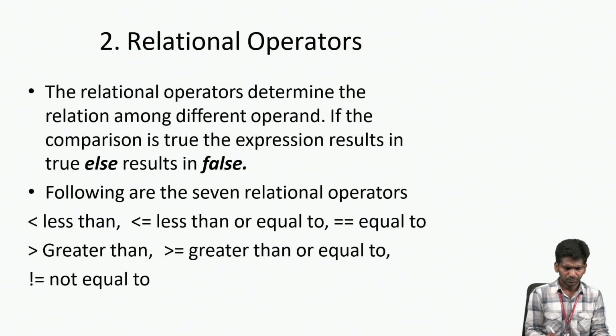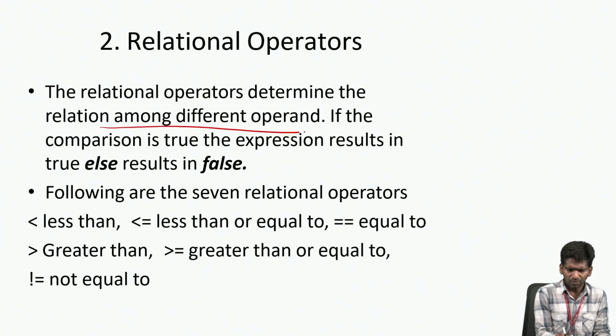Next we are going to see relational operators. Relational operators determine the relation among different operands, whether it is a comparison, whether it is true or false. In that case we will use relational operators.